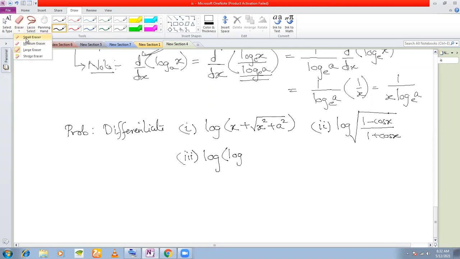Okay, let me not give brackets; I'll understand this without the brackets. Log of a log of a log x. So you have how many logs? 3 logs. Inside this log, you have these 2 logs. Inside this log, you have this log.